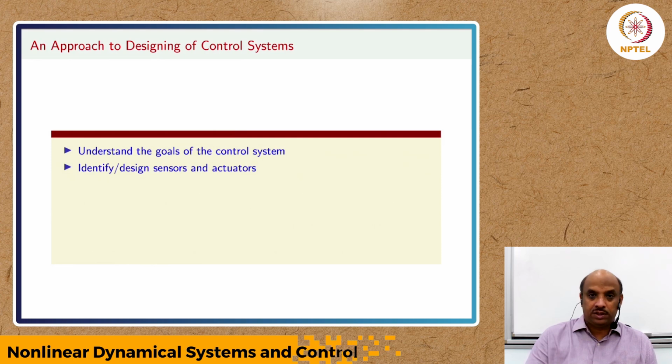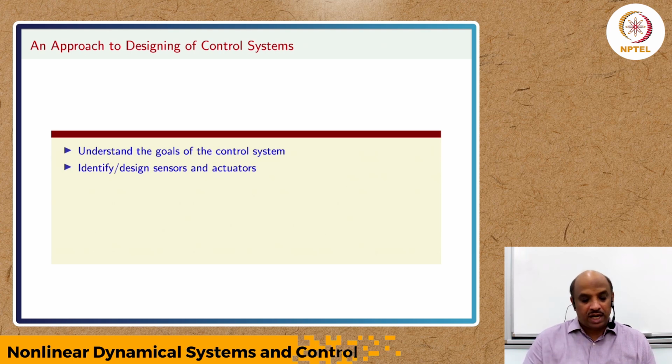But of course, once we have an objective, suppose we want to maintain a particular speed, the least we should know is what our current speed is, right? And therefore we need a sensor to detect speed at the least. This is followed by, of course, the ability to influence the speed, the ability to change the speed of this particular system, and that typically comes in the case of a car in the form of a brake or an accelerator, and these things that can affect the system are called actuators.